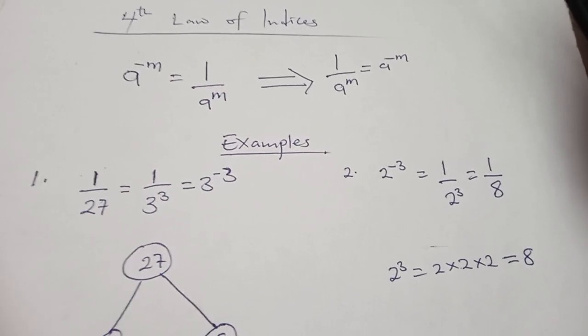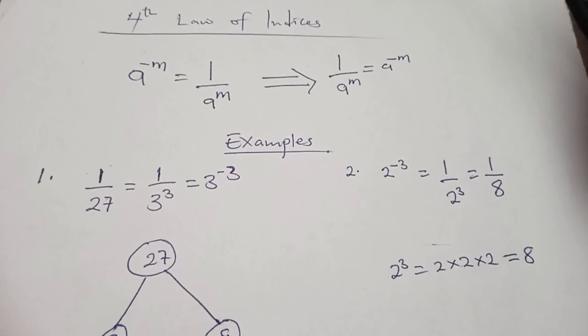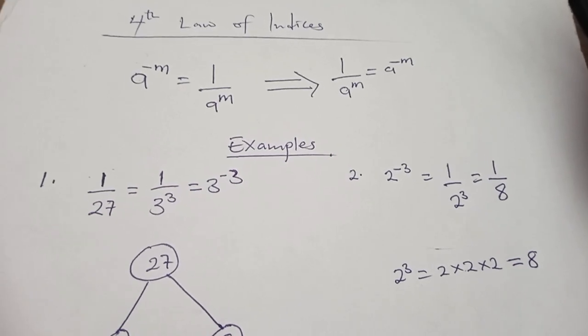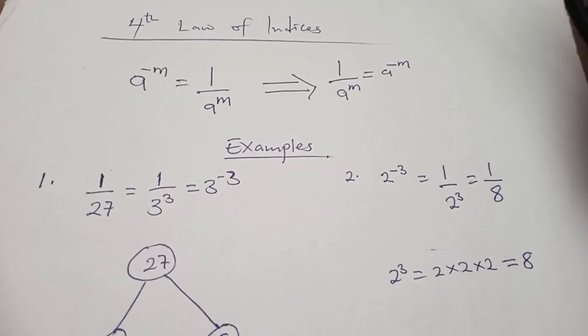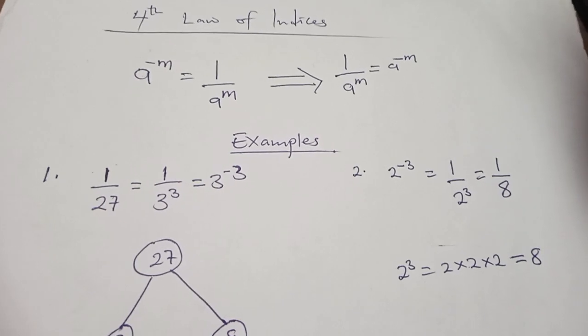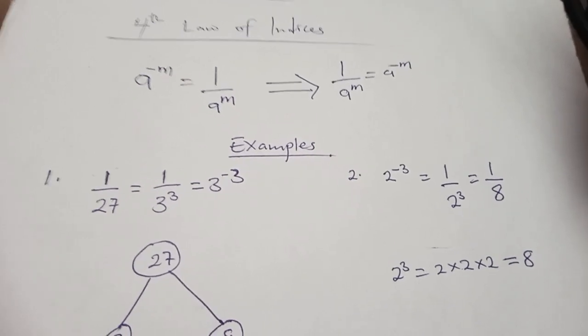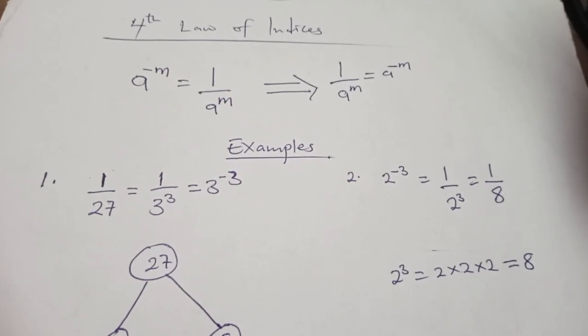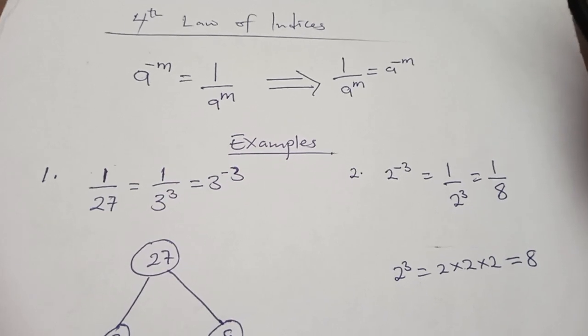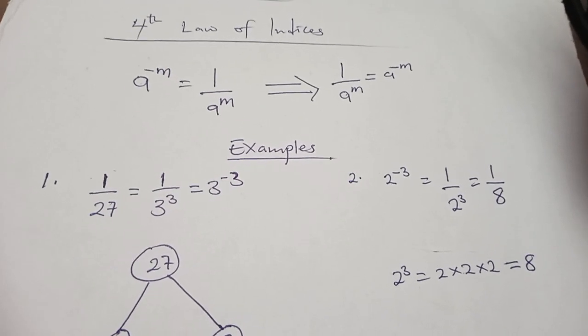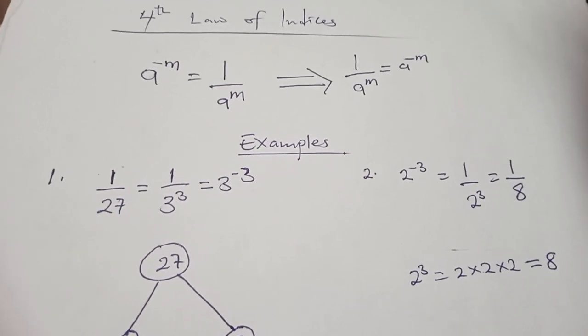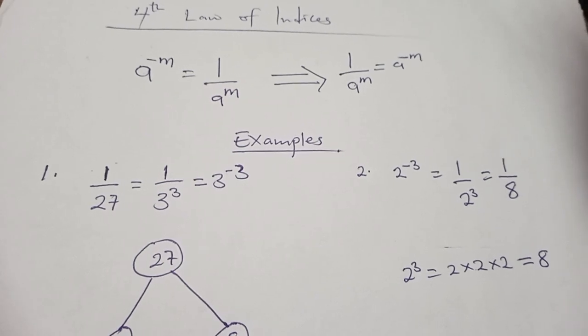So a to the power negative m will give you 1 over a to the power m. And likewise, when you have 1 over a to the power m, you have your result to be a to the power negative m. It means that they all work inversely.